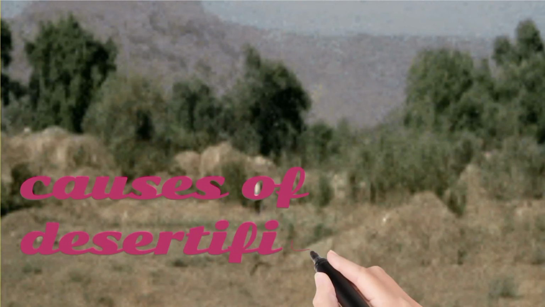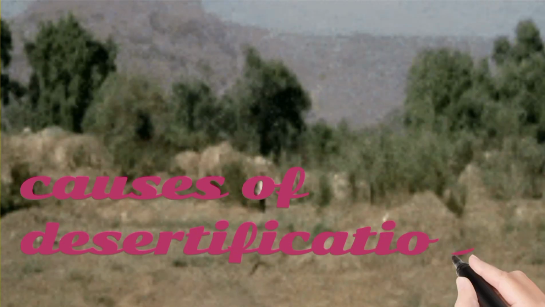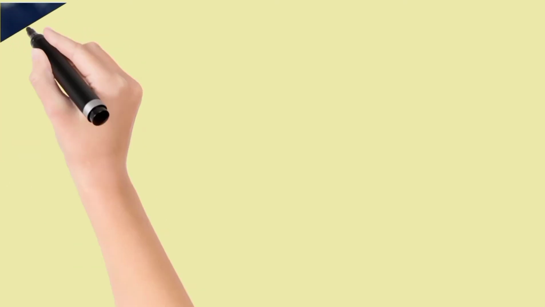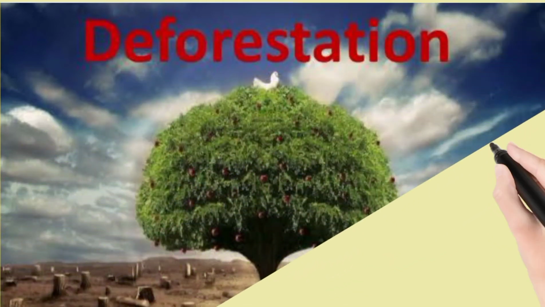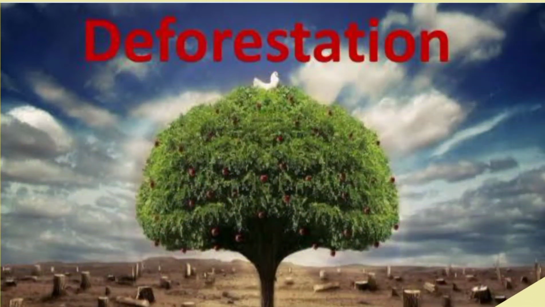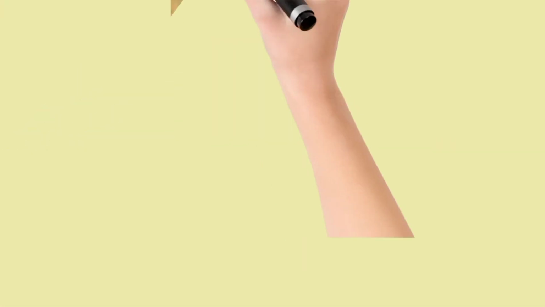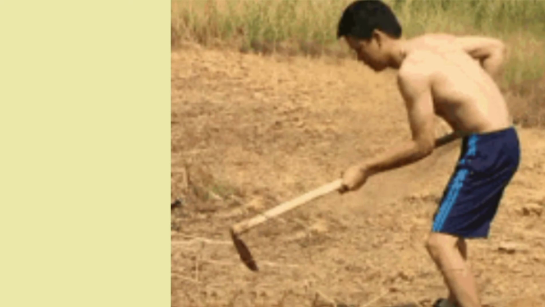Among the causes of desertification is deforestation. We all know the meaning of deforestation. That is the cutting down of trees without a replacement. So that is one of the causes of desertification.